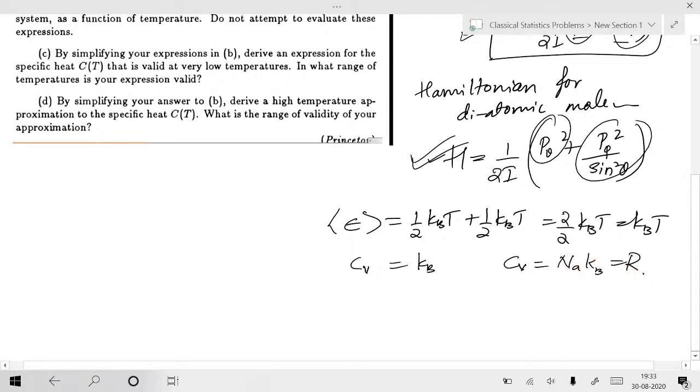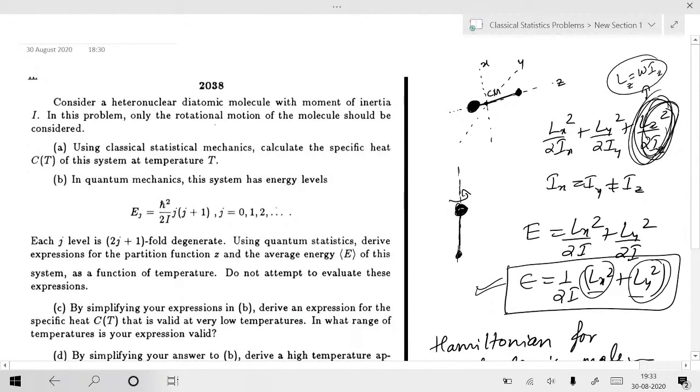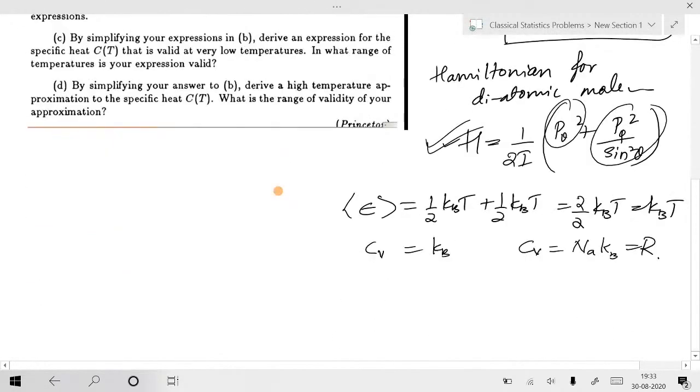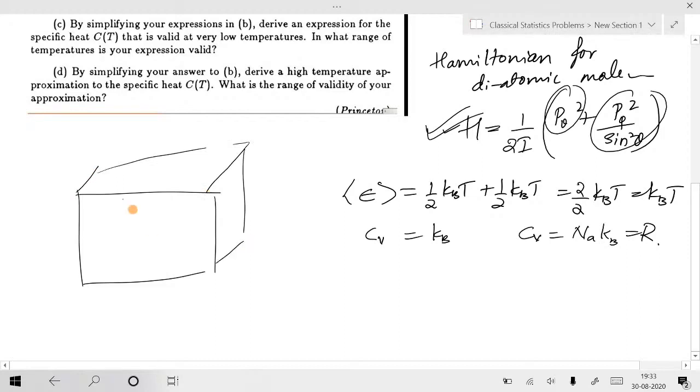That is one idea. Now look, here I have taken only the rotational part. Again, he has said only the rotational motion of the molecule should be considered. That's why I have taken only the rotational part. But if you take a gas of diatomic molecules, just imagine like that. You have molecules which are diatomic.